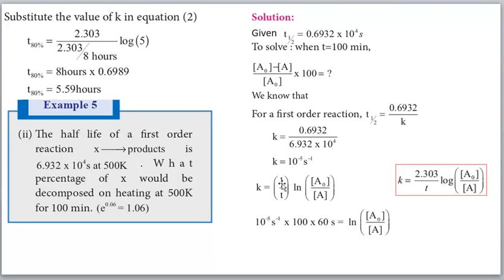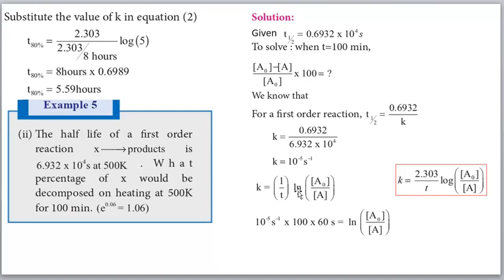So here no need of 2.303 now. So we can write 1 by t ln A0 by A.